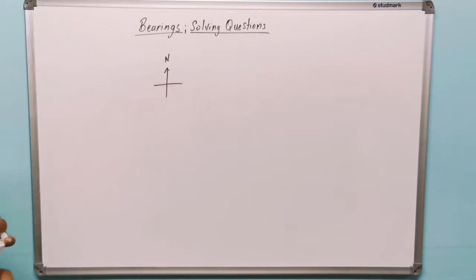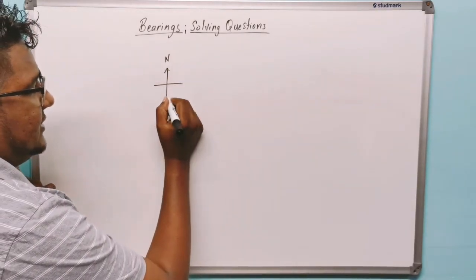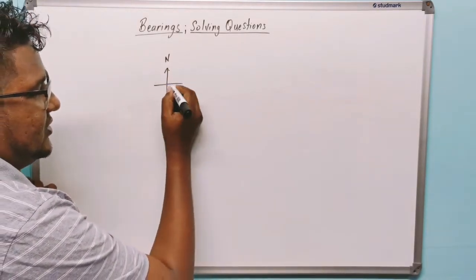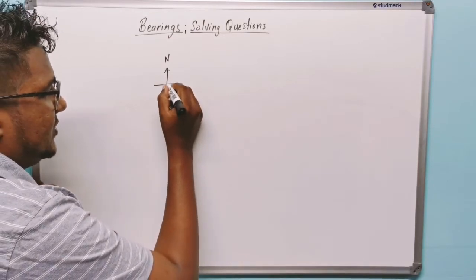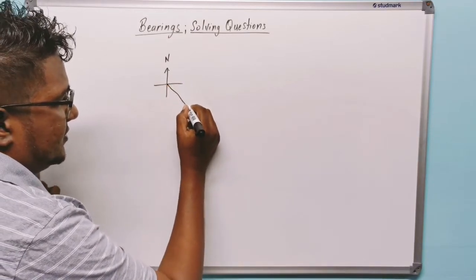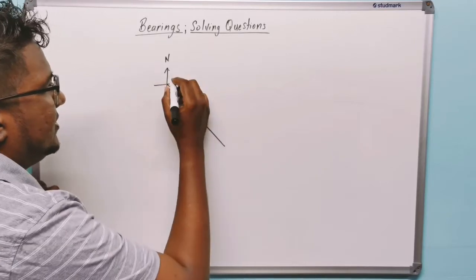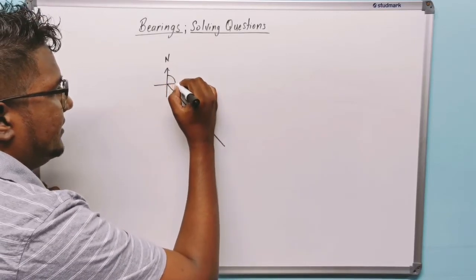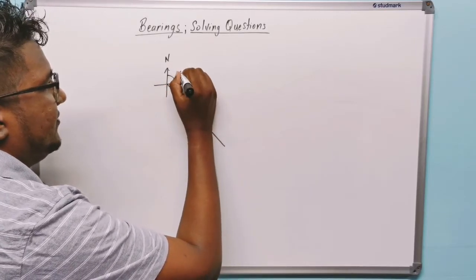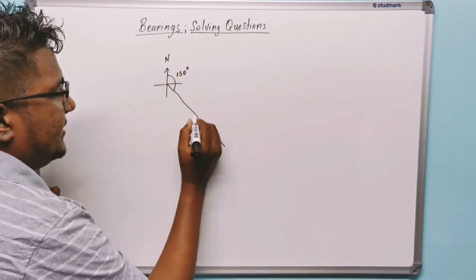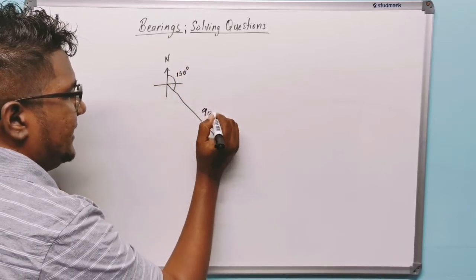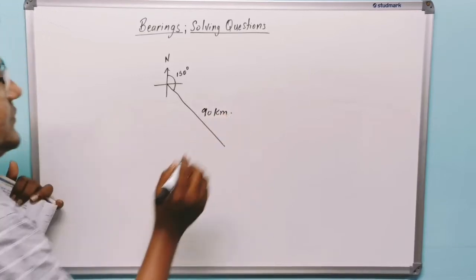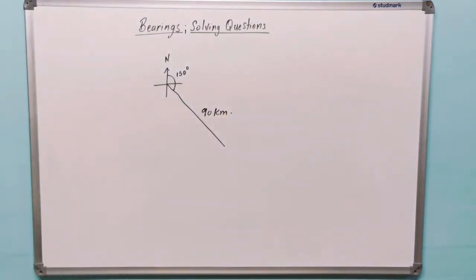So 150 degrees would be, here is 90, this is 180, so 150 is going to fall somewhere between here. So let's draw this. So this is our bearing here, and that is 150 degrees. This is 90 km. The question is asking us to find the distance traveled south and the distance traveled east.